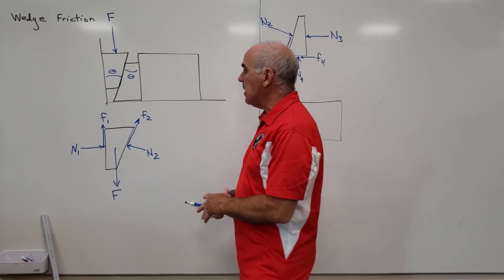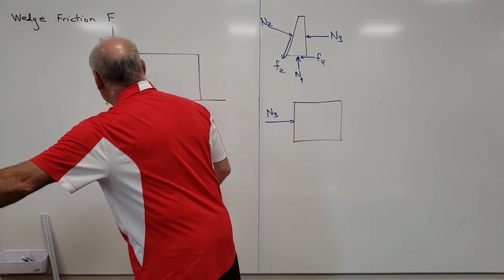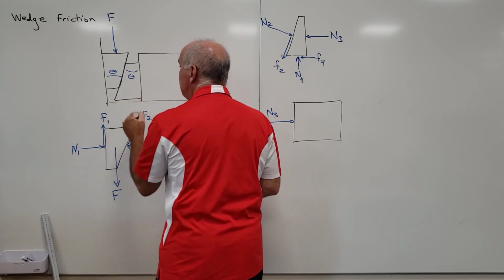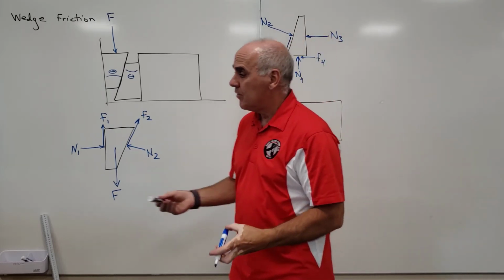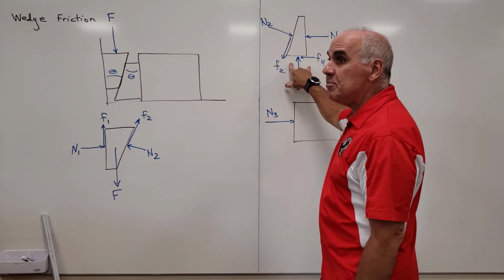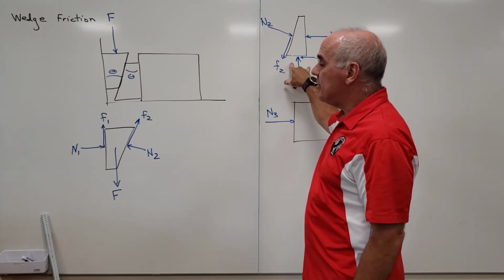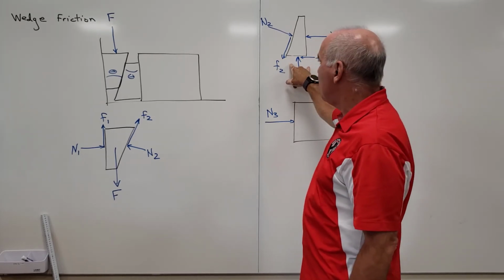So I can make my life really nice and simple by assuming that it's not in contact with the ground. And why would I do that? Well, that would eliminate some of the friction that might be in here as well, right? That might make the situation a little easier, less force required to get everything moving if that's not in contact with the ground. But if it is, that's okay.